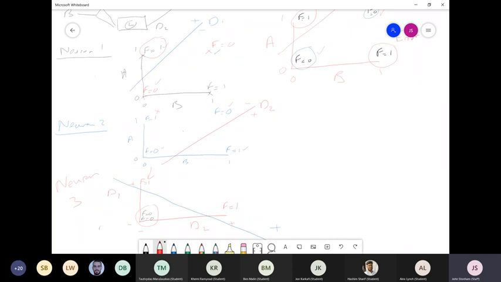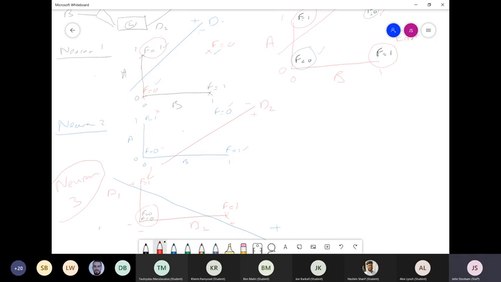And finally, F equals 1 when A is 0 and B is 1. It is negative for D1, and it is positive for D2. It will be that pattern there, and that will be the F equals 1 pattern. And lo and behold, we've solved the problem, because now in the input space for neuron 3, it's linearly separable.